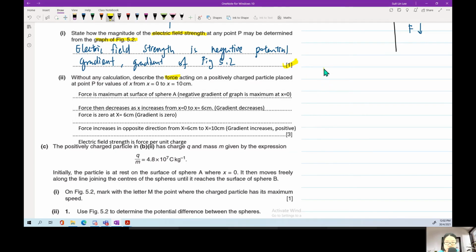So the relationship is here. We started off with a V-x graph. Okay, so the first relationship: the negative gradient of the V-x graph is equal to E. This is the first relationship, already mentioned. You want to describe force, so we need to relate force to E. Electric field strength is defined as force per unit charge.